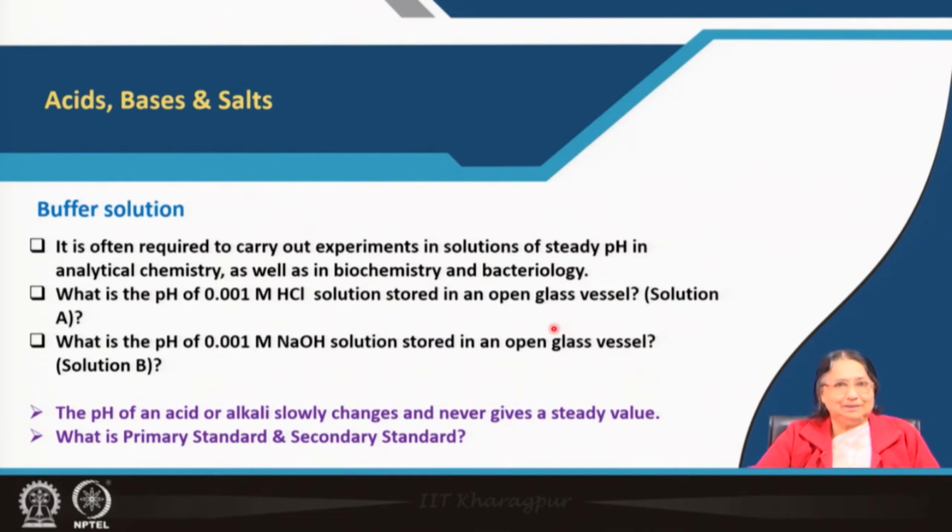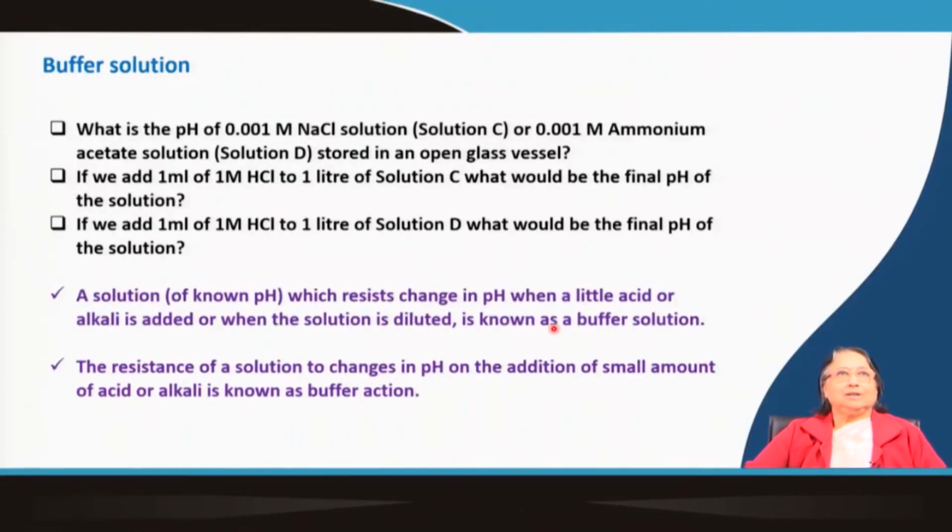Strength is known, strength will not change with time, but for secondary standard we know with time it may change. The weight also we cannot take properly. So, HCl and NaOH that we have prepared in the glass vessel is not a primary standard, because pH is changing. Now, here comes the function of buffer.